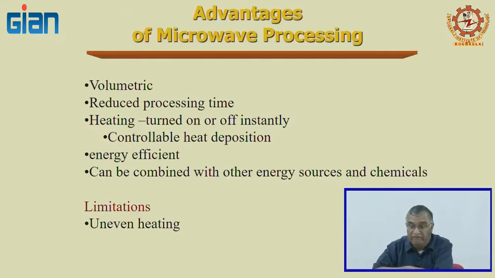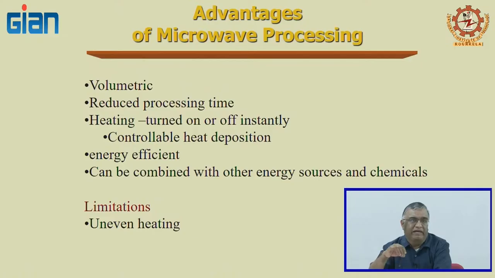Now, what are the benefits of microwave processing? It is volumetric. That means whether you have a small particle or a big particle, you are able to heat them together. You can reduce the processing time. When you do heat transfer with a heat exchanger, the material is hot, and it is difficult to turn off the heat immediately and cool the product down.